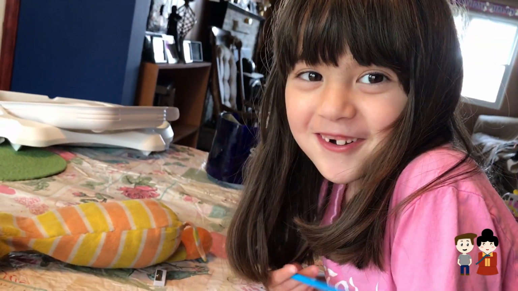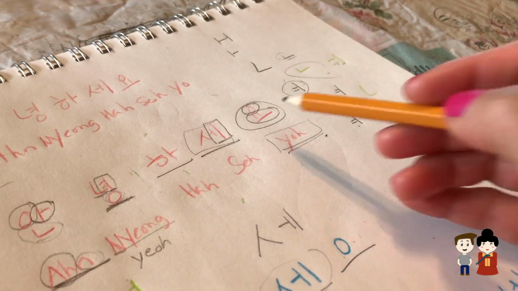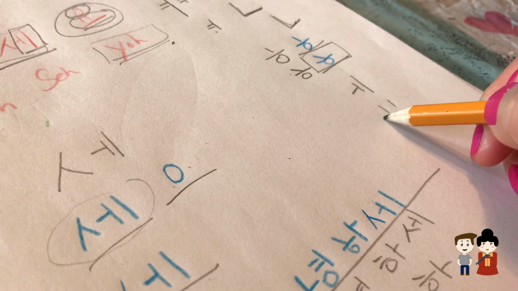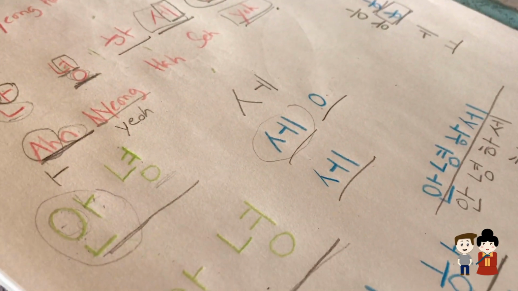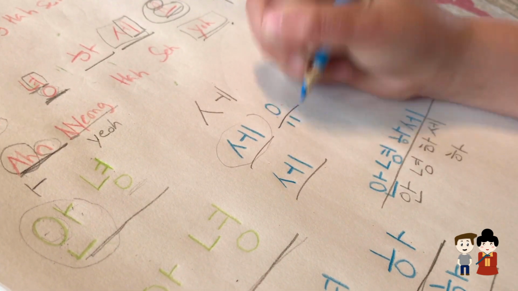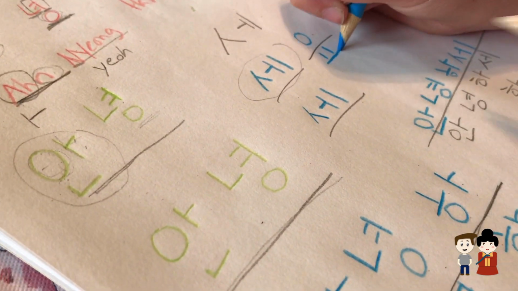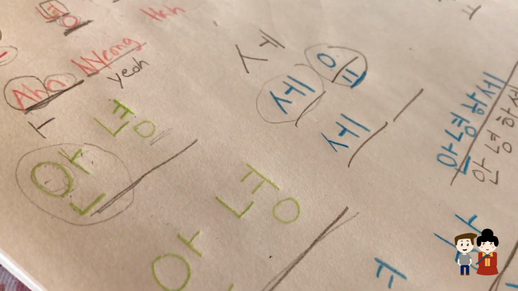Yo. Say it again. Yo. Good. So, to write yo, you write it like this. You write that under the silent letter. Can you write this whole thing one more time over here?